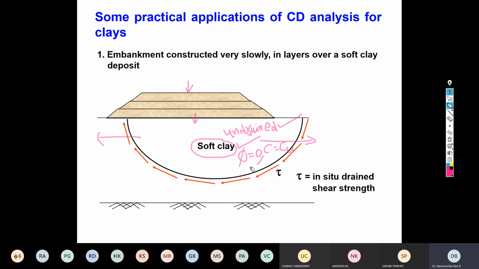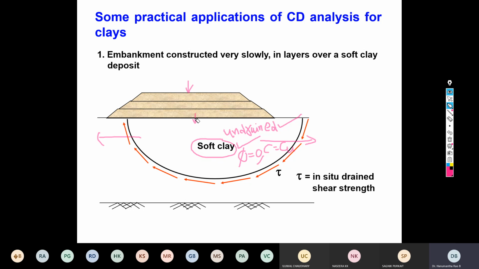What is the meaning of phi is 0? The soil will not take any amount of load. That's why in clays, what will happen to the shear strength of the soil? This is the question I asked in our previous assignment. What happens to the shear strength of the soil immediately upon applying the load?